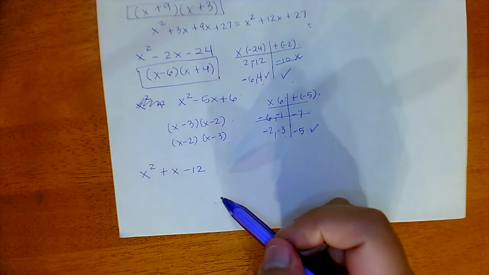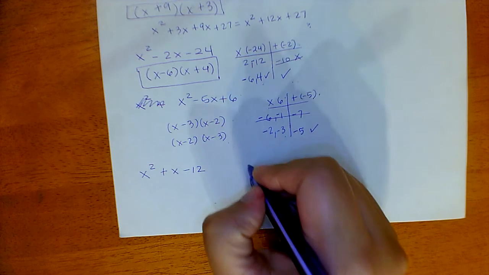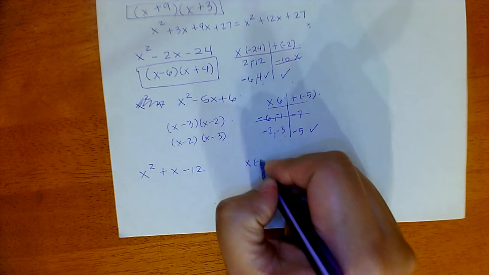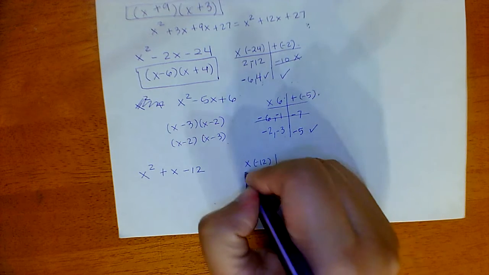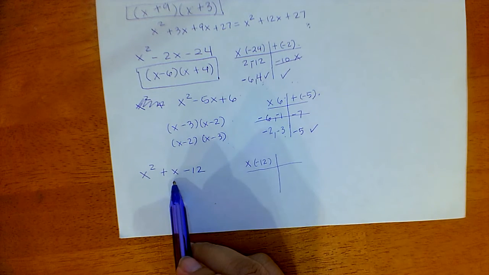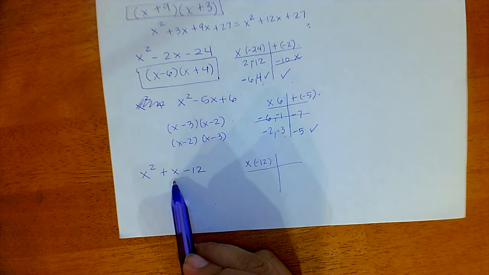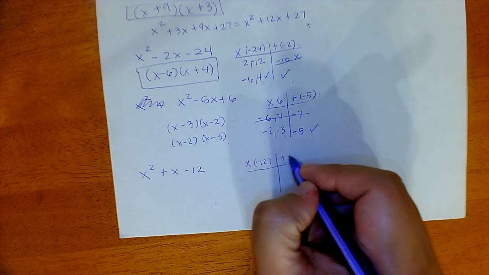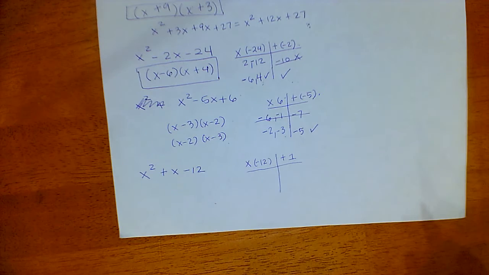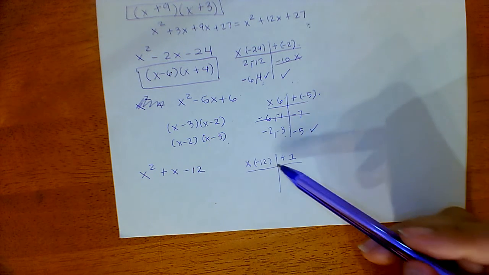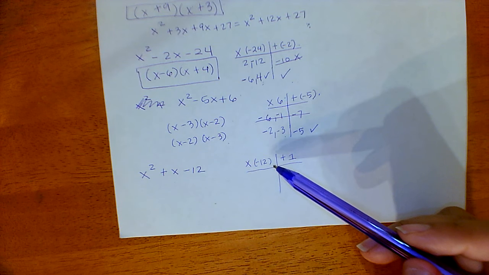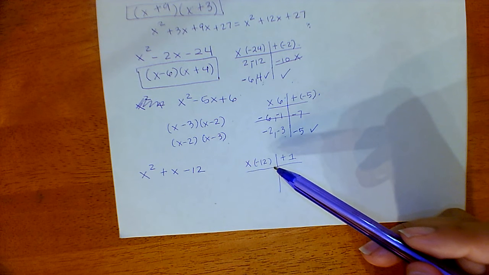Here on this example, the constant term is negative 12, so I want two numbers that multiply to negative 12. The coefficient in front of my middle term is an understood positive 1, so I want my two numbers to add up to positive 1. To get a negative product, again, I need a mixed sign, so one positive, one negative.